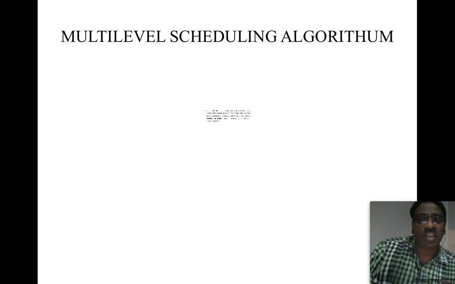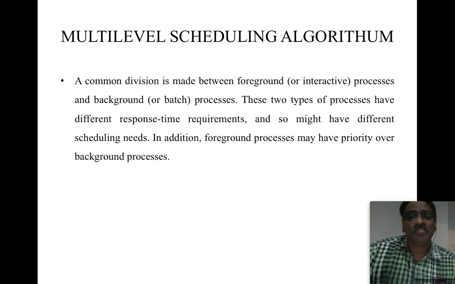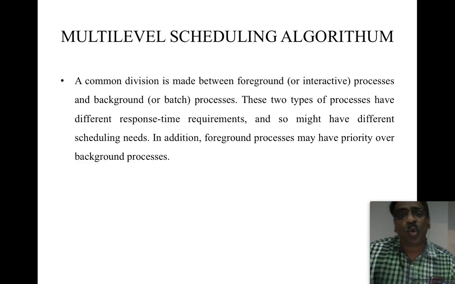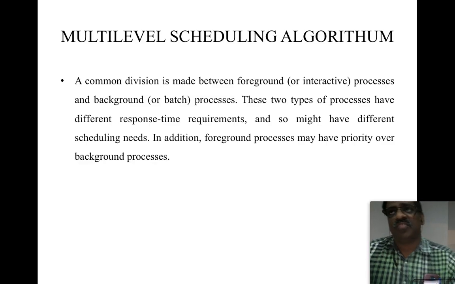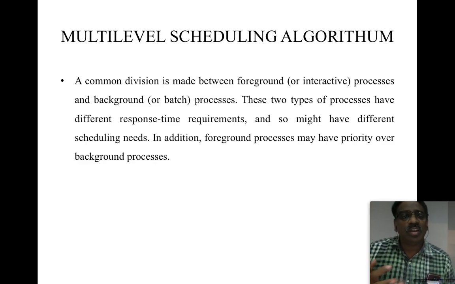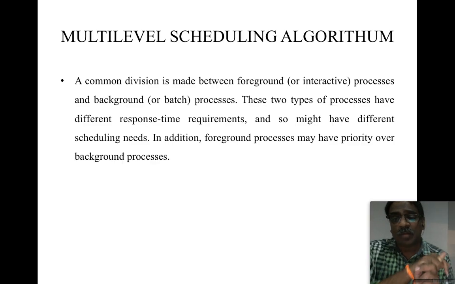That is called the multi-level scheduling algorithm. Whenever you come to multi-level scheduling, there are two types of process you have to work out. The first one is foreground, the next one is background. What is meant by foreground, and what is meant by background?